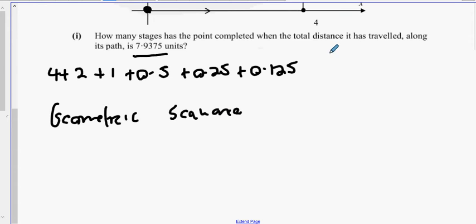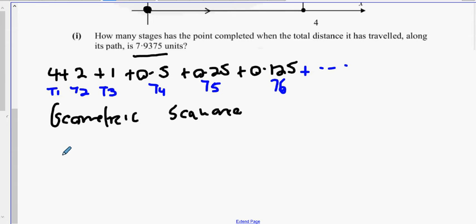And we're trying to figure out how many stages has the point completed when the total distance traveled along the path is 7.9375 units. Right, so that's T1, T2, T3, T4, T5, T6, plus dot dot dot.